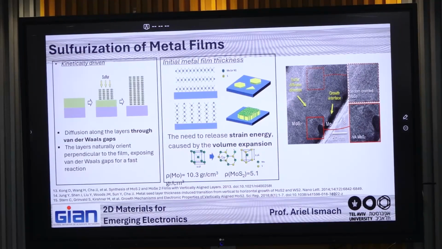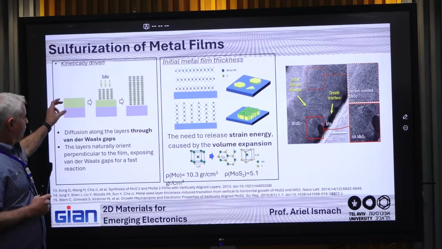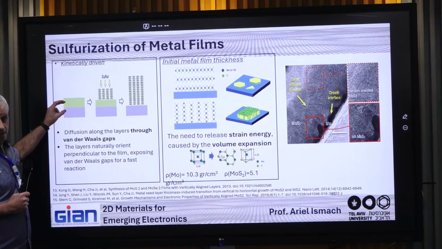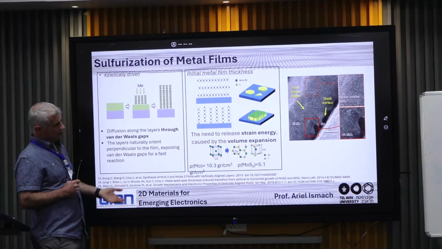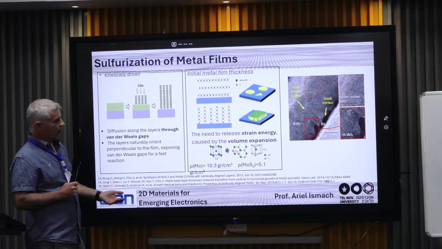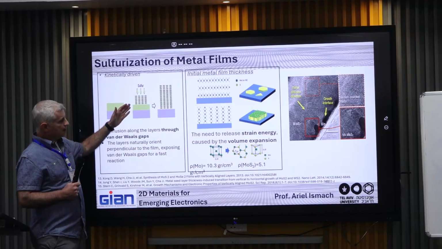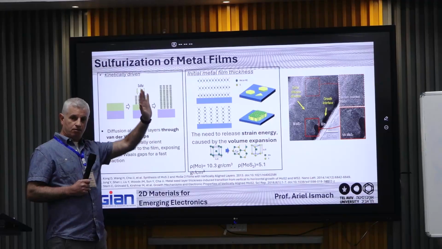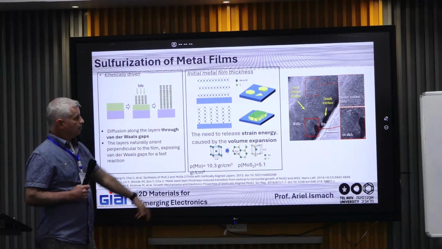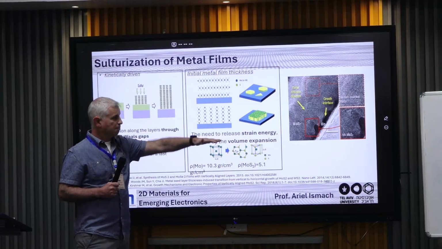As a result, when the thin film of metal is thicker than a certain number, depending on the material, usually a few nanometers, the TMD material will grow perpendicular to the surface. When you have a very thin metal, you will grow it preferentially planar.